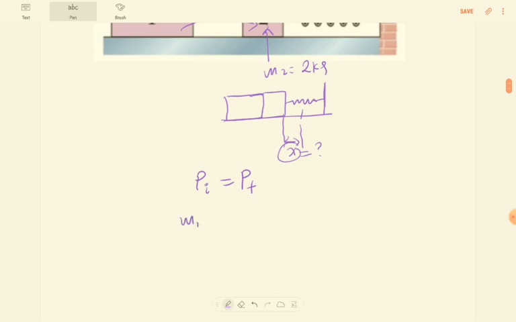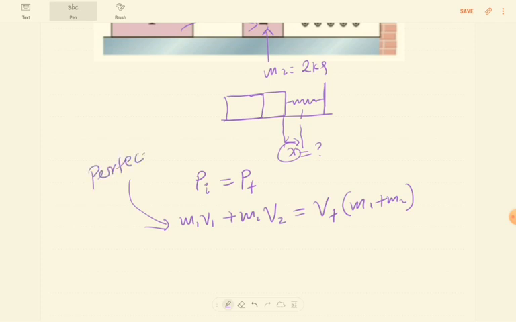So m1 times the initial velocity of block 1 plus m2 times the initial velocity of block 2, let's say V1 and V2, equals the final momentum of the combined mass, V final times the combined mass M1 plus M2. These two masses are combined together and move in the same direction. So this is from a perfectly inelastic collision.